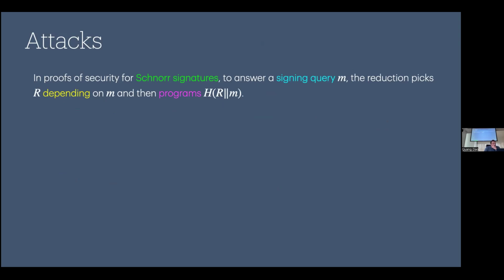I'm forgetting what I was supposed to say. So you basically don't have this luxury in the threshold signature scheme: the parties contribute their R values before seeing M. The i-th signer contributes R_i before seeing M, so you can't do this proof.